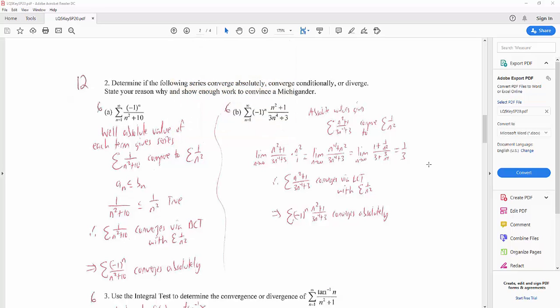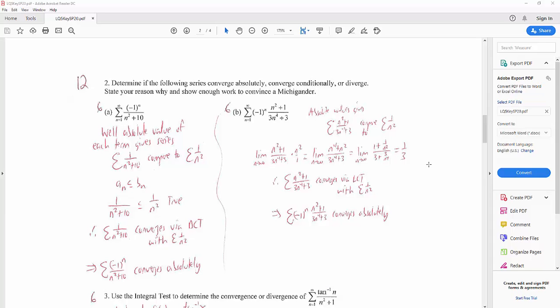I started this problem by saying, all right, if I take the absolute value of each term of the given series, the absolute value of each term gives me the series 1 over n squared plus 10, which I thought, why don't I compare that to the p series 1 over n squared, which I know converges. So I think I can do a direct comparison test.